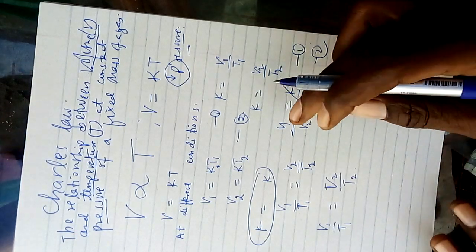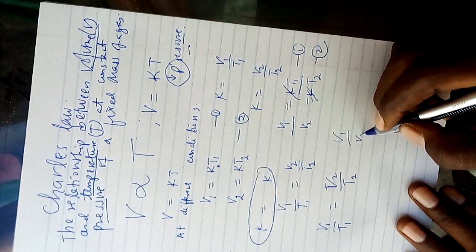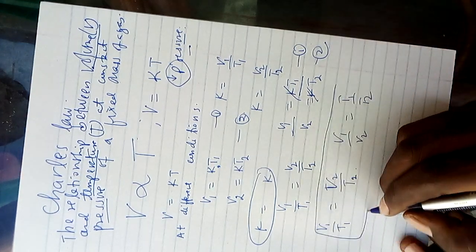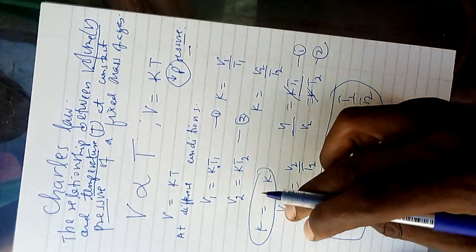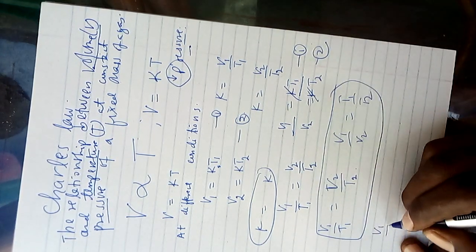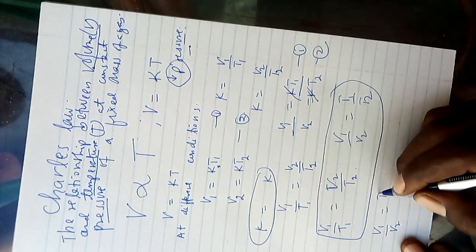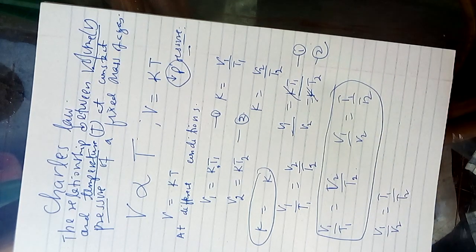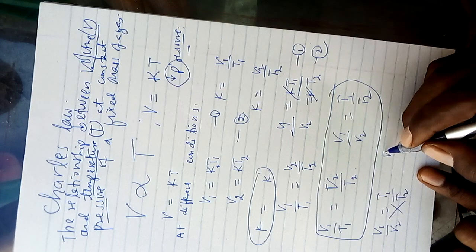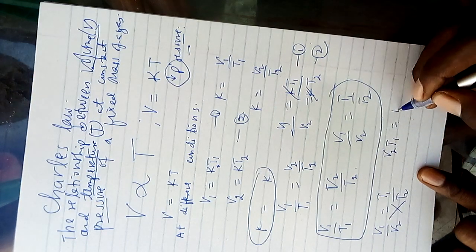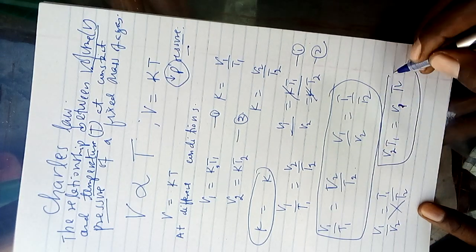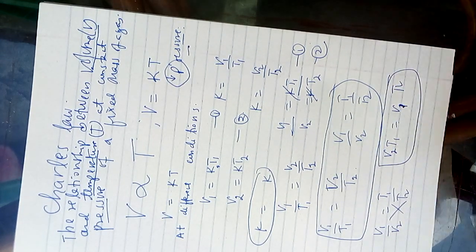The same applies: V1 over V2 is equal to T1 over T2. This is the same thing, because from here you may cross multiply and find that V2 T1 is equal to V1 T2. Now this can be used to determine the new volume.